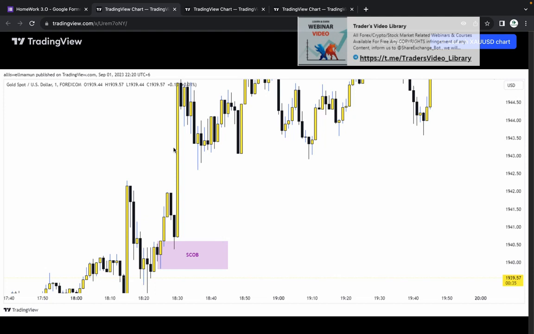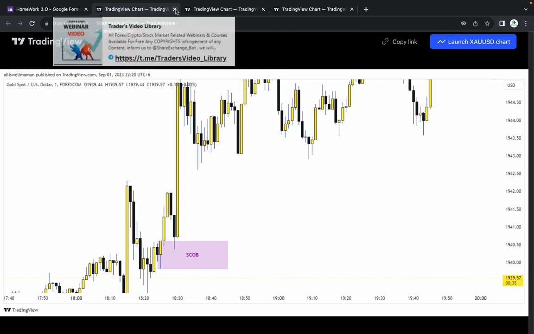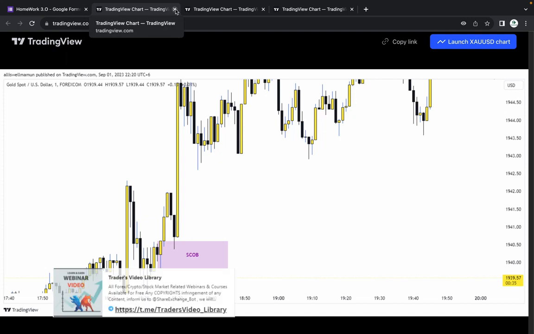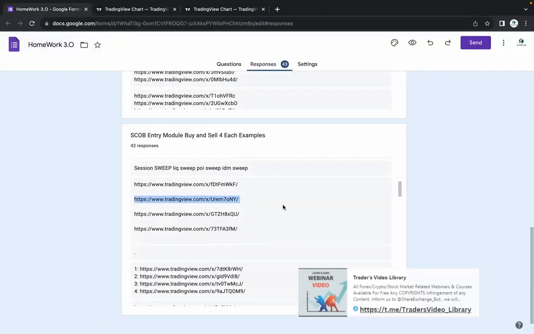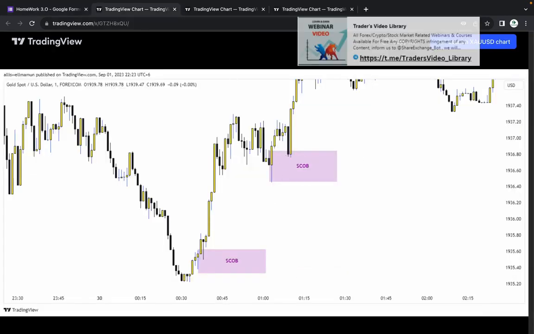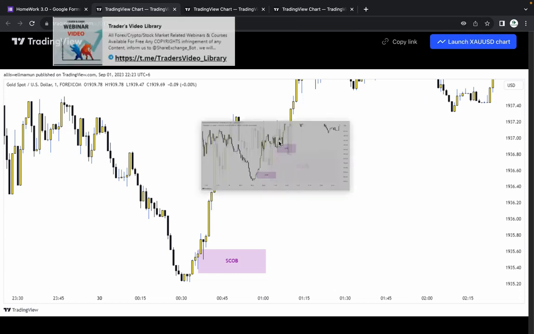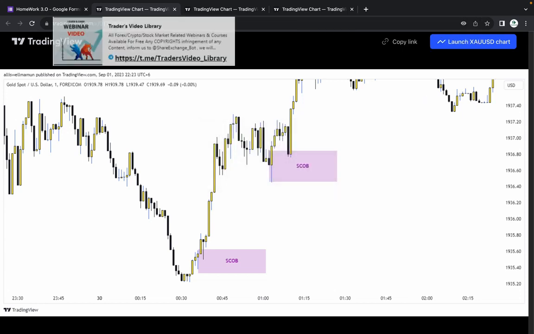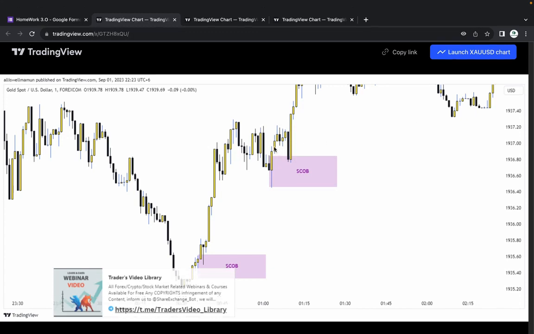And this one is not a perfect example because you did not mention any higher time frame POI or inducement or anything. That's why. But it's okay. Technically in this case you marked this as a single candle order block. Technically we use this entire candle as a single candle order block.